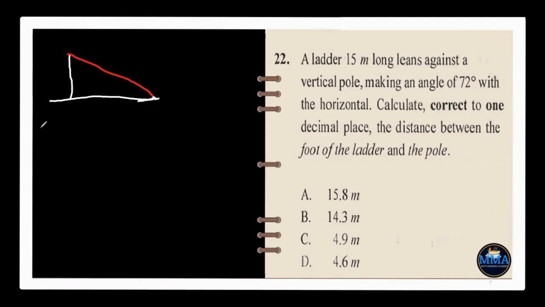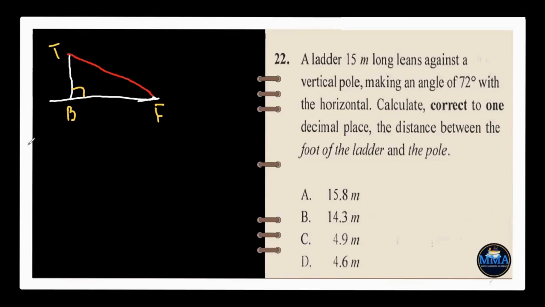Now we are going to have a right angle triangle because the pole is perpendicular to the ground. That's why it has to stand very well. So let's name this. This will be the base of the pole. This is the foot of the ladder, and this will be the top of the pole.